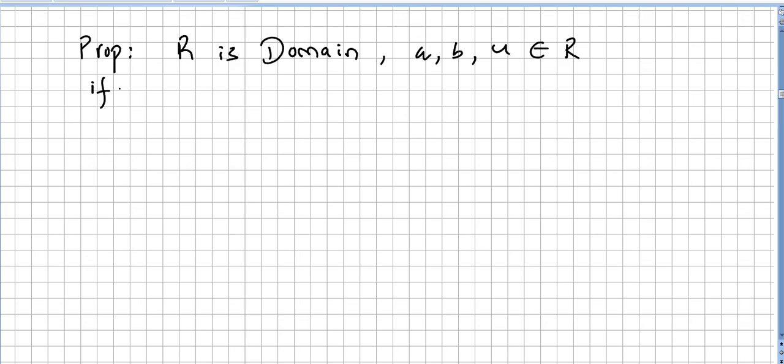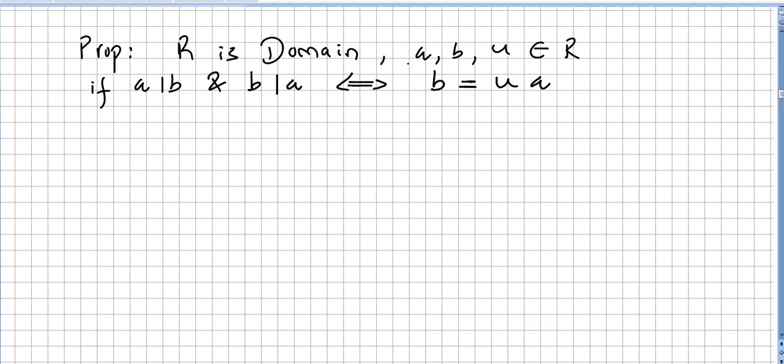So if A divides B and B divides A, okay, this is the same as saying that there is a unit U in the ring such that B is equal to UA.